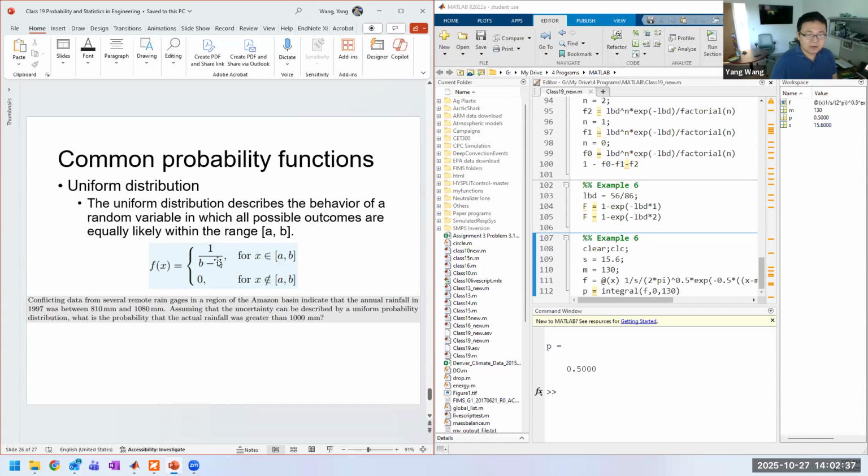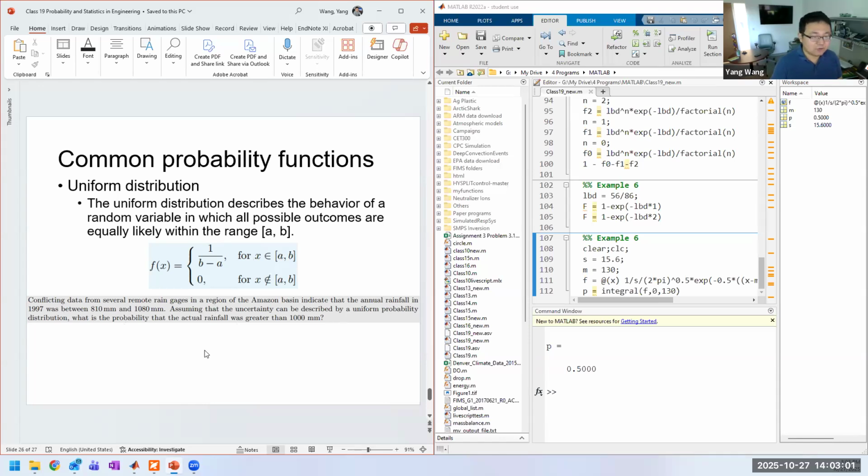Again, the reason we have 1 over b minus a is because the integral of this function in this range has to be 1, right? The height of the function multiplied by the base of the function, b minus a, is 100%.